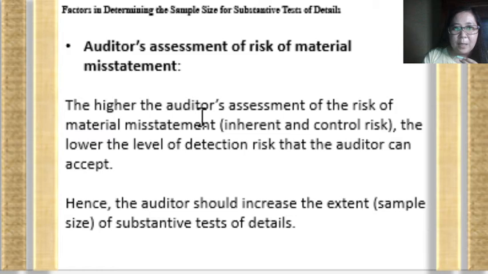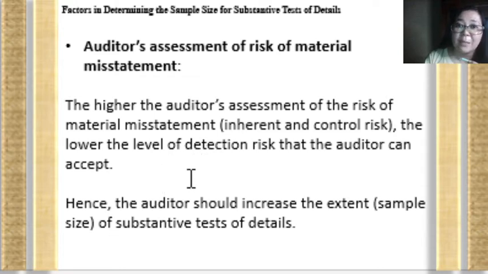Meaning, if assessed risk of material misstatement is high, the auditor has to do more substantive procedures to gather more audit evidence or to detect these misstatements. And then, how does he do it? He should detect this misstatement, so that's why his detection risk should be lower. Okay, this is the only risk that the auditor can control.